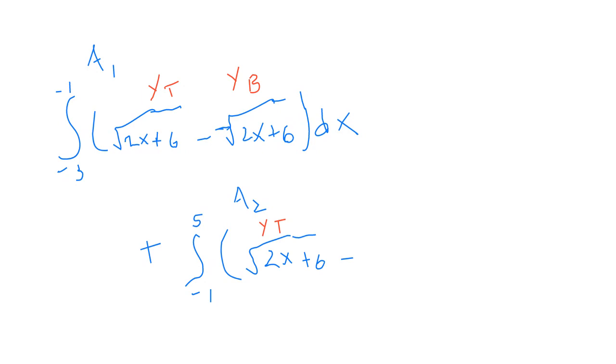But, as you pointed out, the bottom function changes to x minus 1. That would be y sub b. So if you're going to integrate with respect to x, you have to compute each integral and then add them.